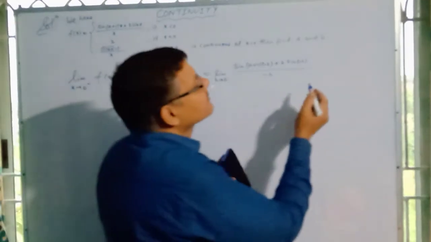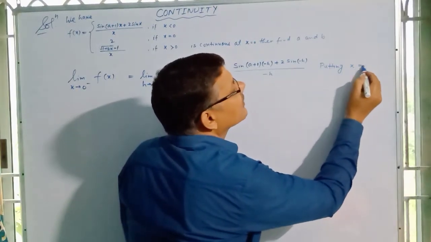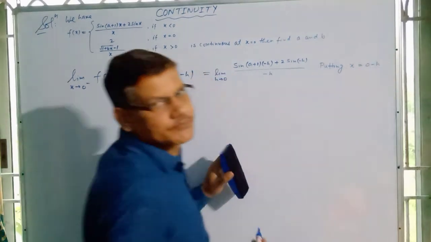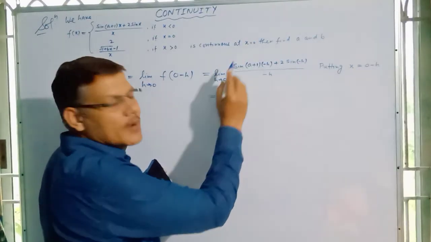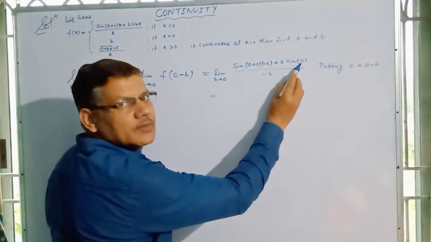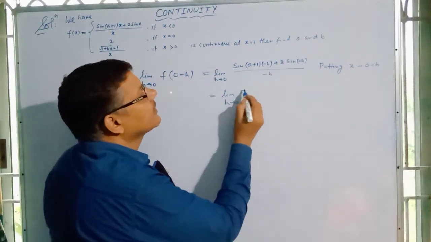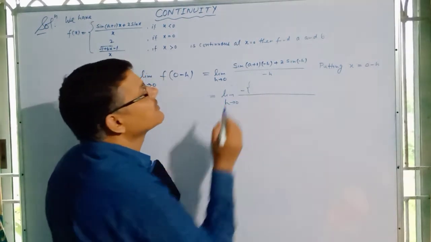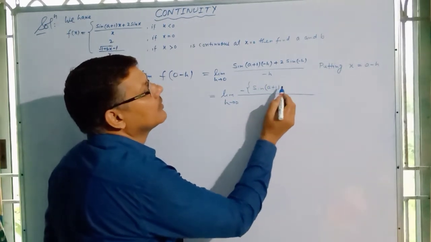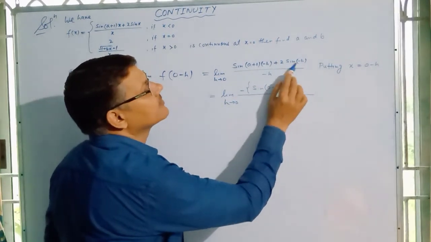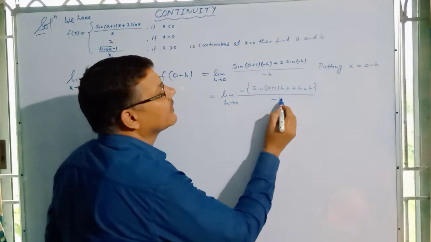Now how do we get this? Simply we write, putting x equal to 0 minus h. We know that sin of minus theta is equal to minus sin theta. Again sin of minus theta equal to minus sin theta. So simply we get the limit as h tends to 0, take out minus common. So what is left here is sin((a+1)h) + 2 sin h, whole divided by −h.